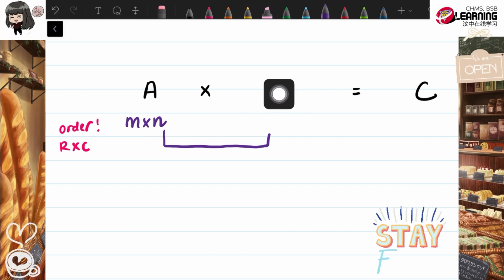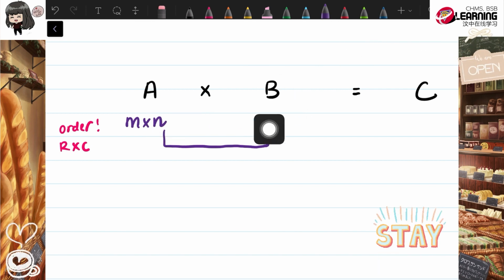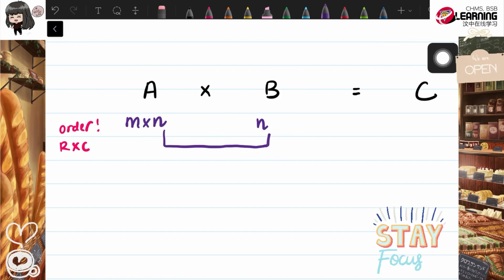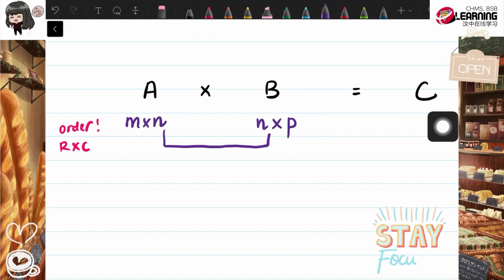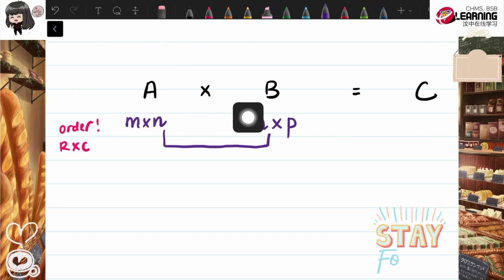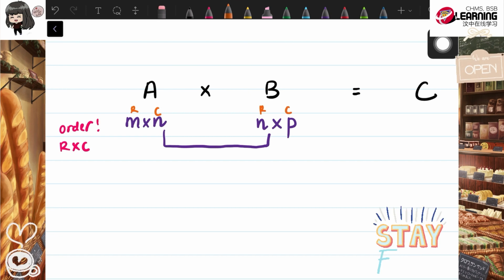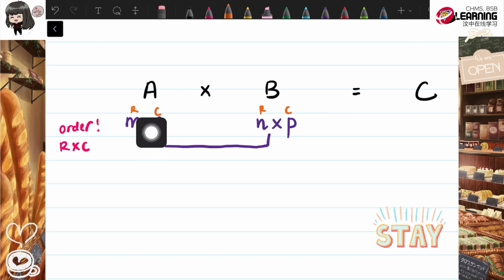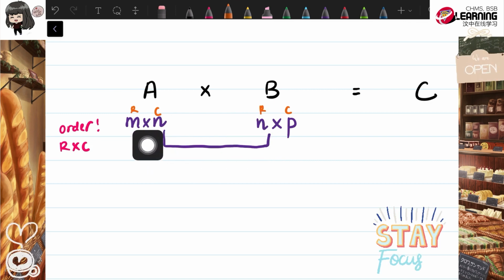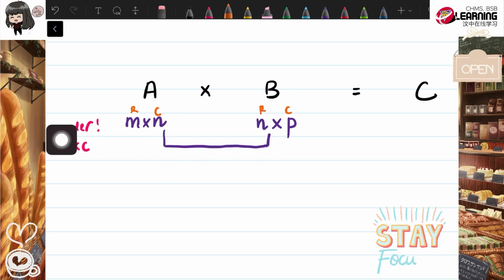For matrix B, the row must be the same as the column of A, for example n by p. It does not necessarily have to be the same as the m here, but these two must be the same. The column of A and the row of B must be the same. Then only can multiply. If not the same, then cannot.